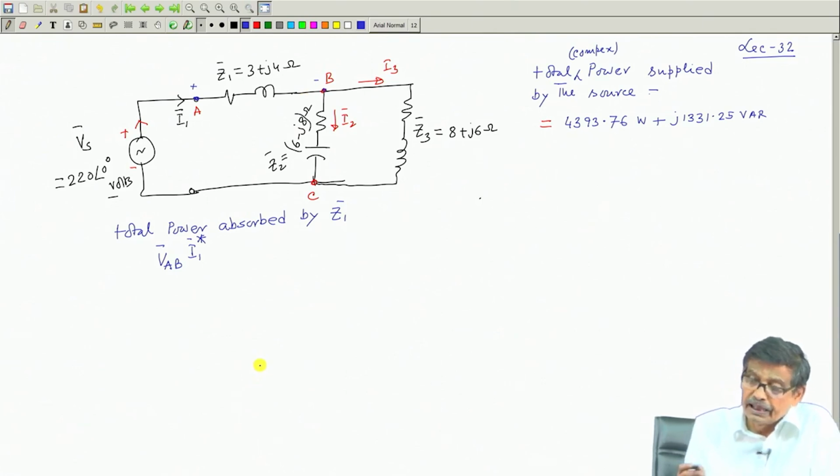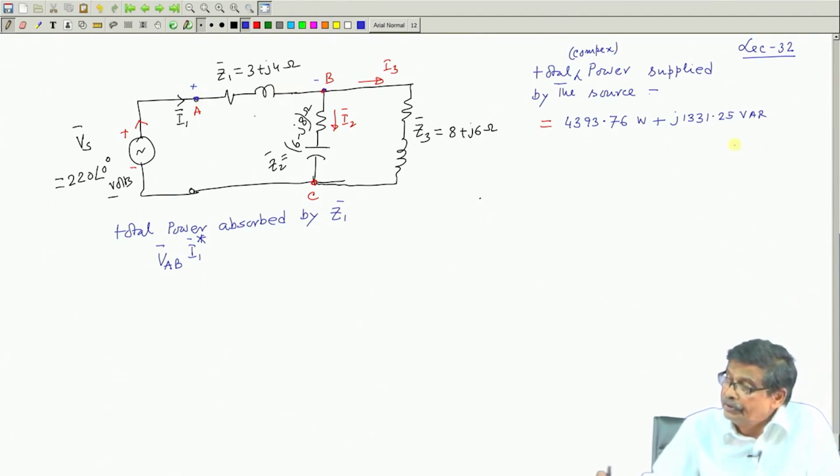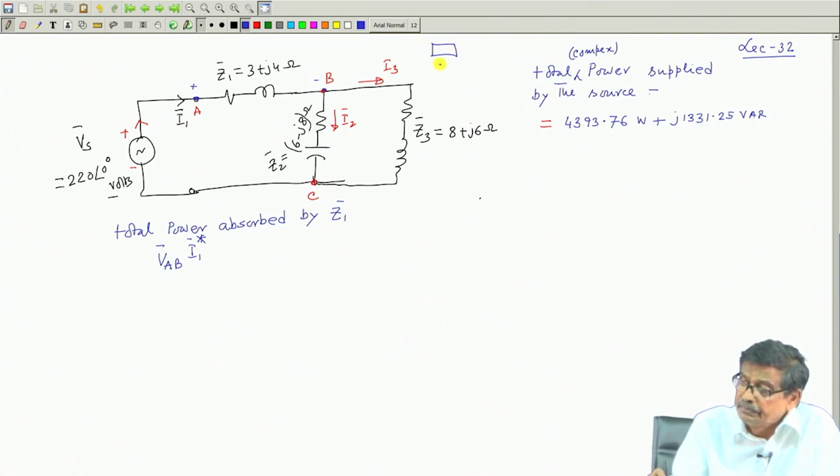V bar AB can be easily calculated, because I know I 1 bar. So, in an impedance like this, if this is Z bar and this is the current, then potential of this point with respect to this will be I bar into Z.